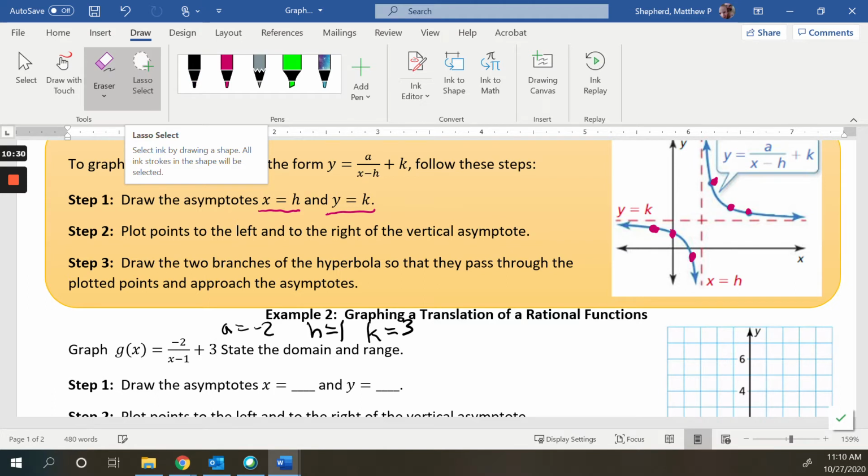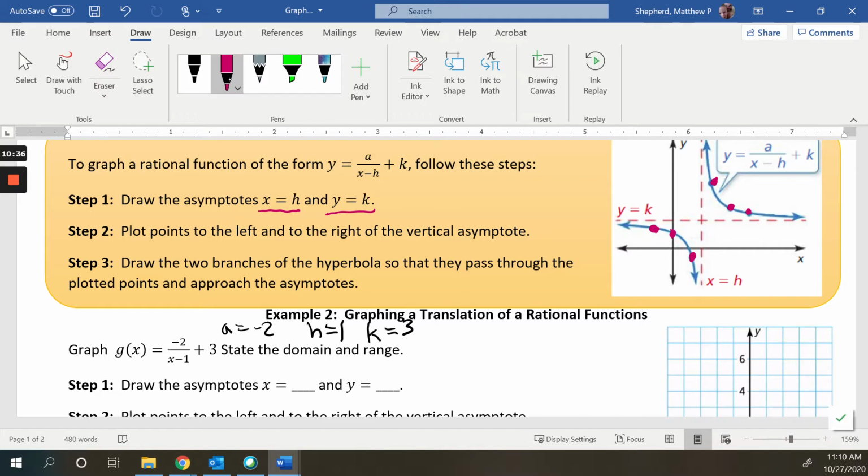So we're going to use that information to now begin some of our asymptotes. Our first asymptote should be x equals h. So I need an asymptote where x equals 1.